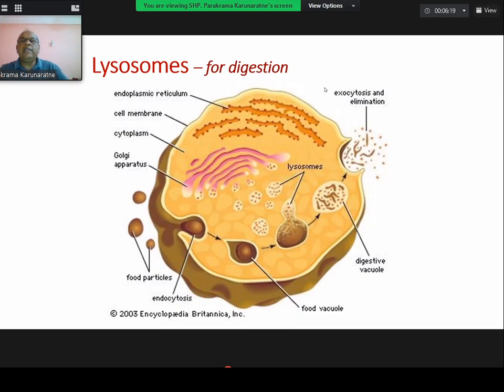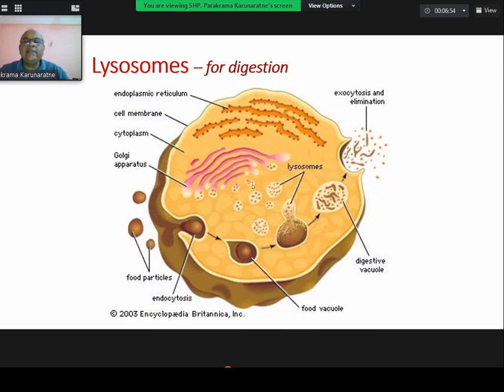So again, these produce lysosomes. Lysosomes have digestive enzymes. These small vesicles are also enzymes, which means they are proteins. The ribosomes produce the protein, and these are sent to the Golgi bodies. Golgi bodies make these lysosomes.